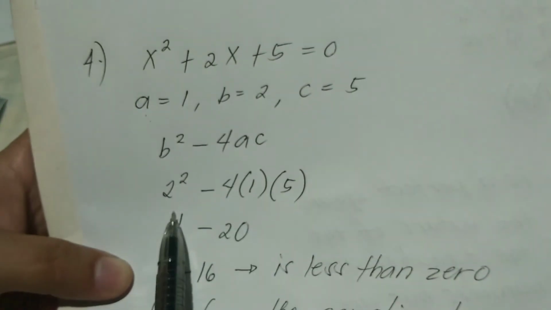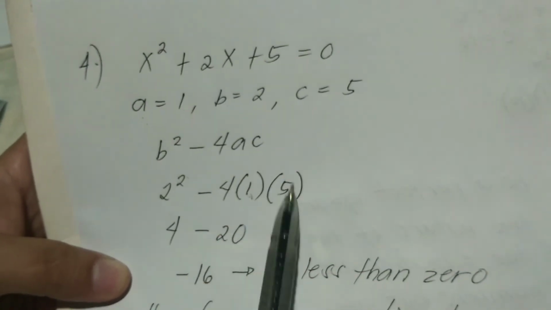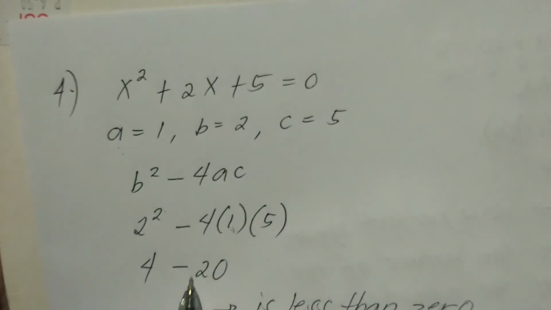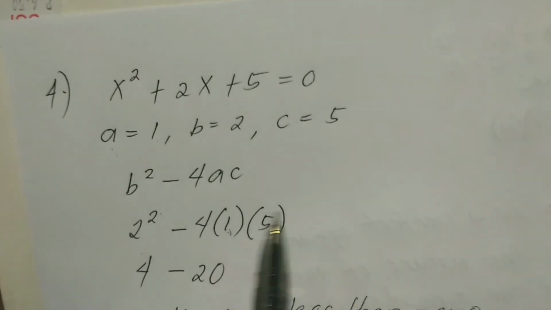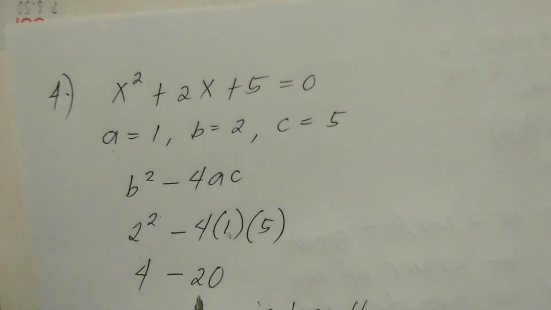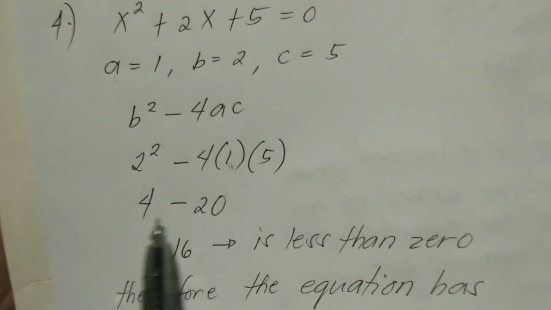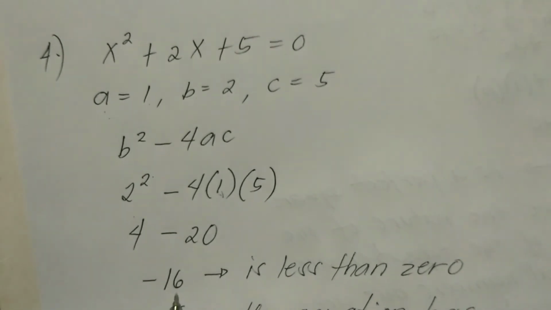B is 2 squared minus 4, A is 1, C is 5. 2 squared is 4 minus 4 times 1, 4 times 5, 20. So, 4 minus 20. So, subtract natin yan. 20 minus 4 is 16.